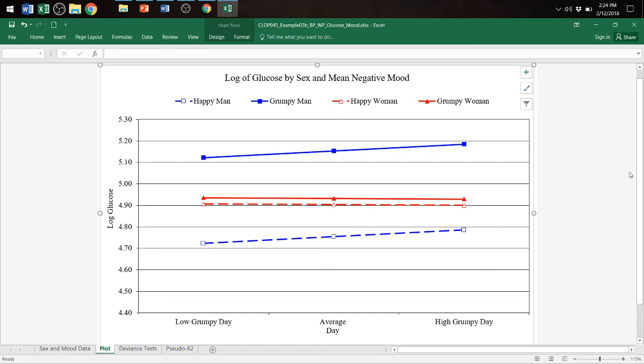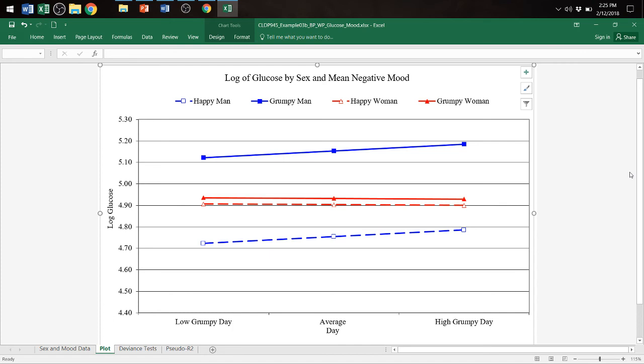So within a gender, the solid line is the grumpy person, and the dashed line is the happy person. The grumpy people are higher because glucose is bad for you. But if you look at the difference of those differences, the blue lines are further apart than the red lines. So being a grumpy person is more bad for you if you're a dude. If you are a woman, it is not as bad. No badder. Okay? No badder.